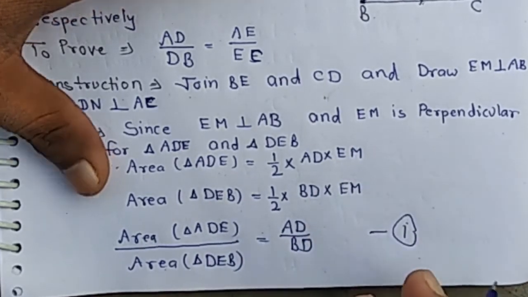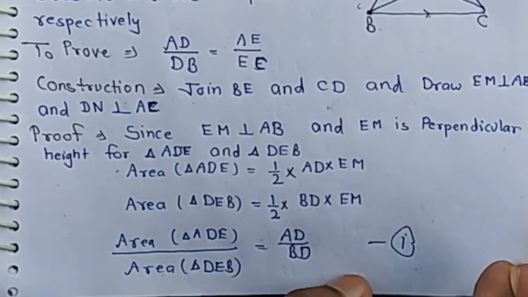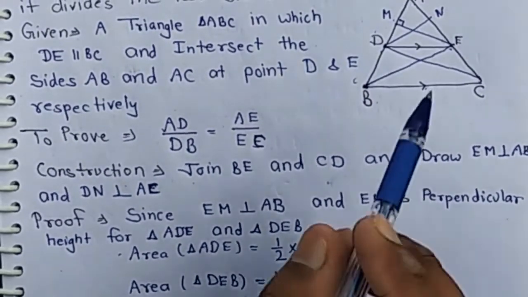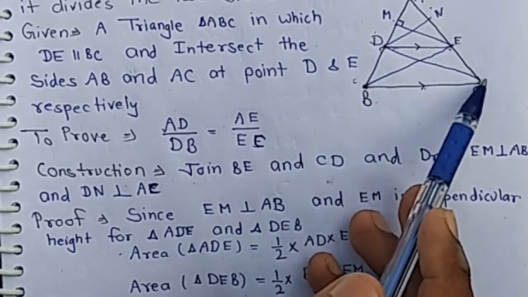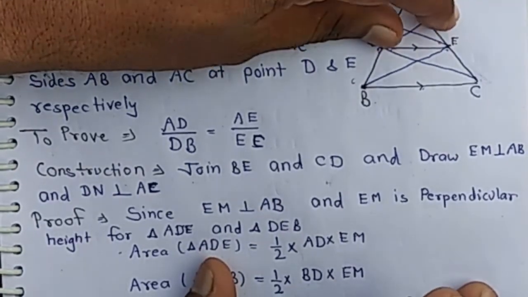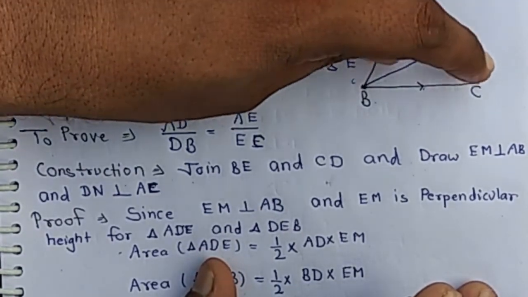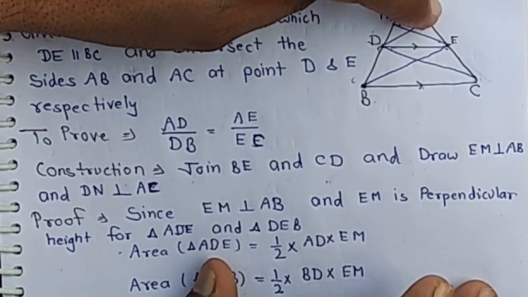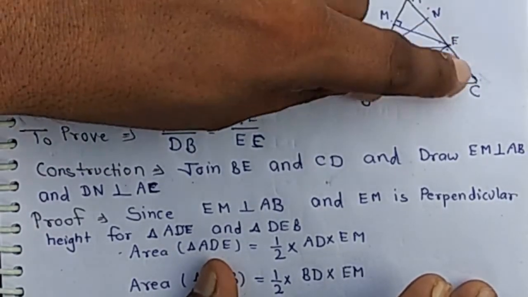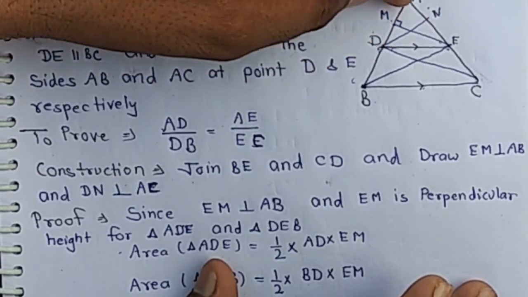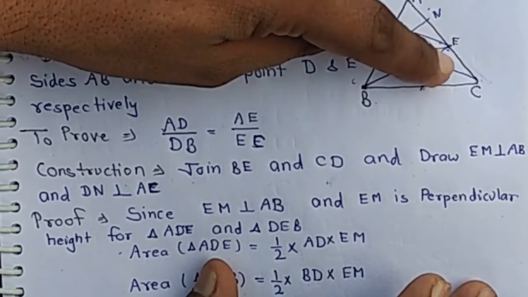It is equation 1. Similarly, if we divide area of triangle ADE and DEC, we have AE by EC, because DN is perpendicular to AC, and it is the perpendicular height for triangles ADE and DEC.